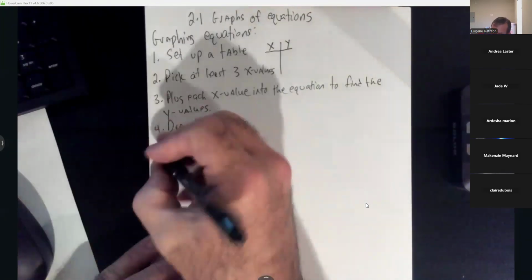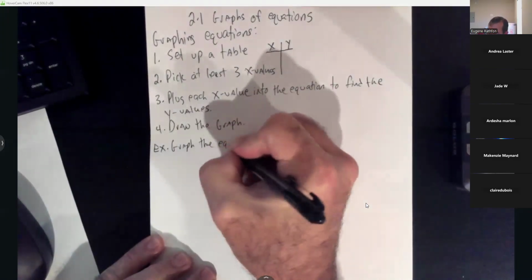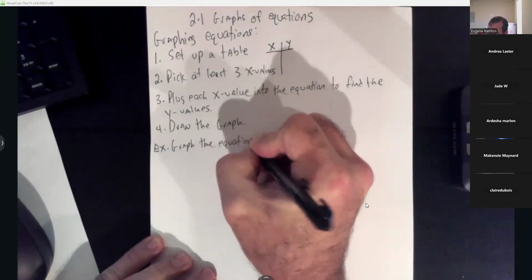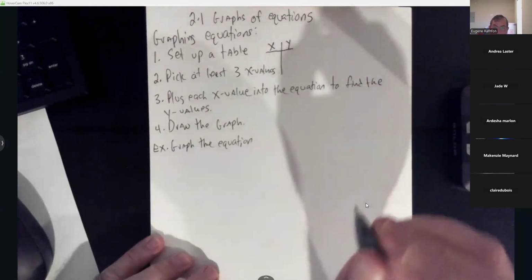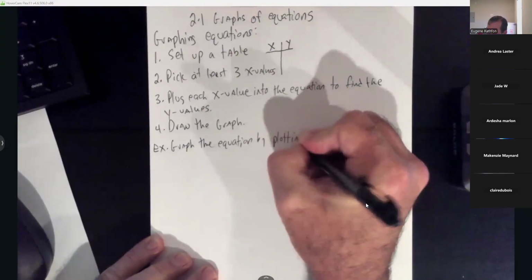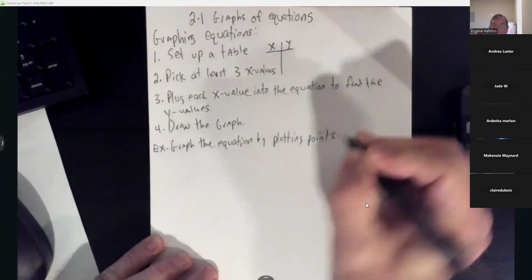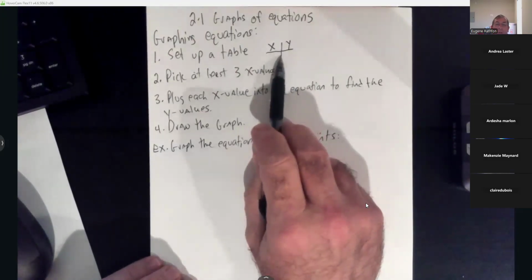And all this will say graph the equation by plotting points. Which is what we'll do by setting up our table.